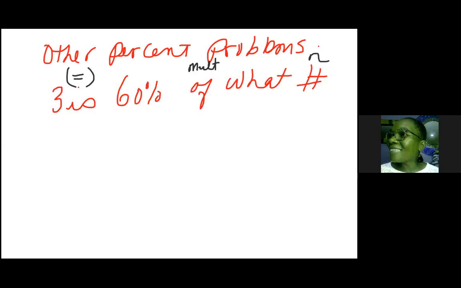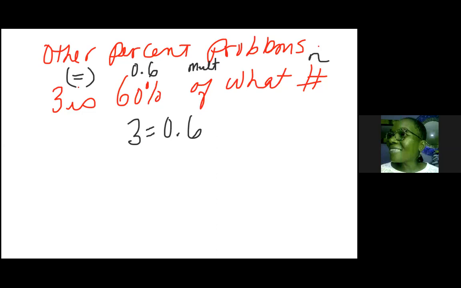It really doesn't matter. So if we were to convert this, guys, to an equation, we'd start off with the 3 equals 60%. Now remember, 60% as a decimal is 0.6. You got to convert all those percents to decimals. So that will be 0.6 of what number, as in times what number. Now, remember, guys, you don't have to use the multiplication symbol.